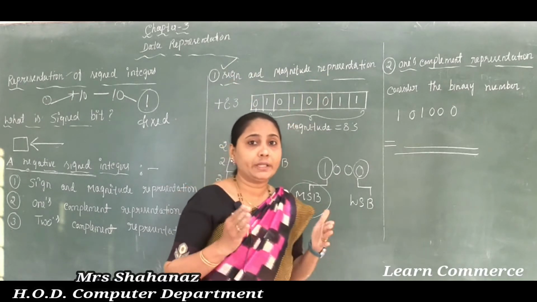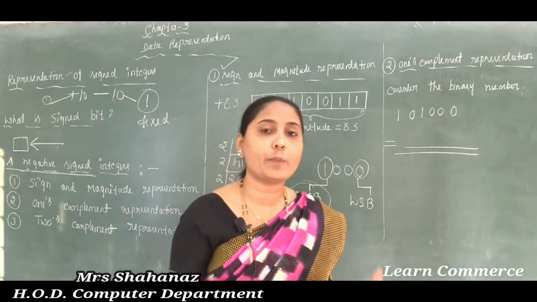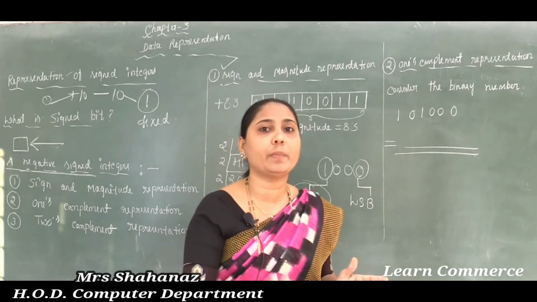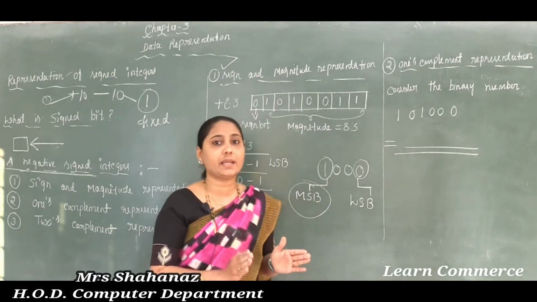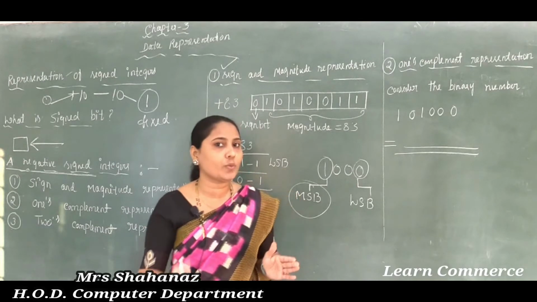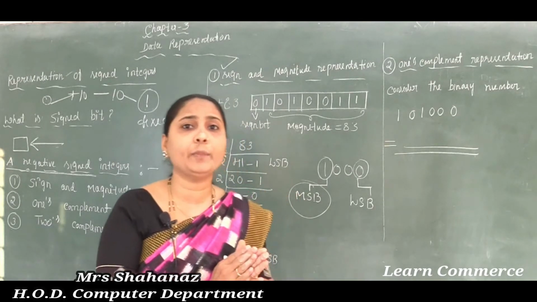Understood? It depends on whether you want to use a positive number, in which case your sign bit is 0, or a negative number, in which case you are using the sign bit as 1.